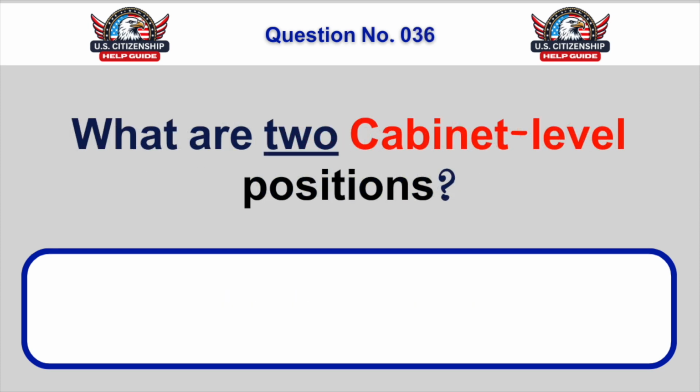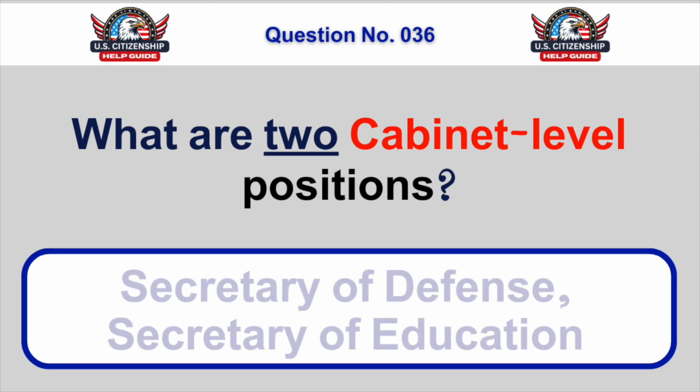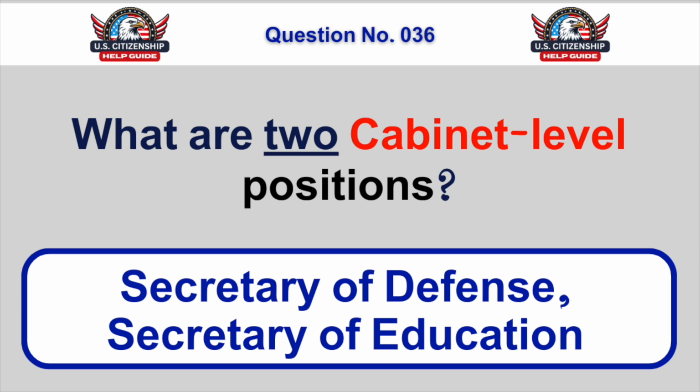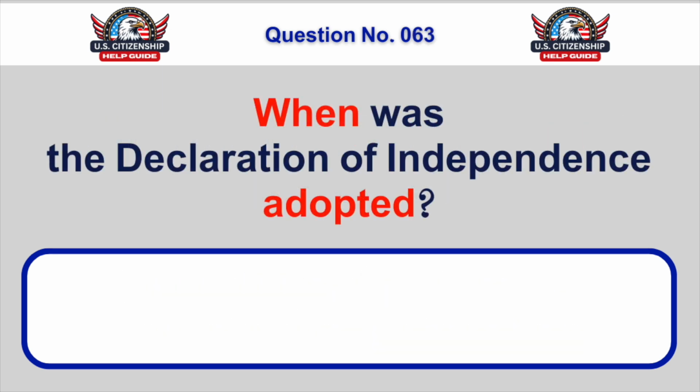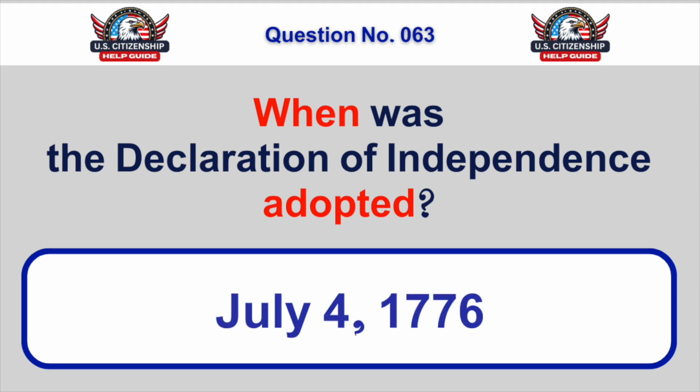What are 2 cabinet-level positions? Secretary of Defense, Secretary of Education. When was the Declaration of Independence adopted? July 4, 1776.